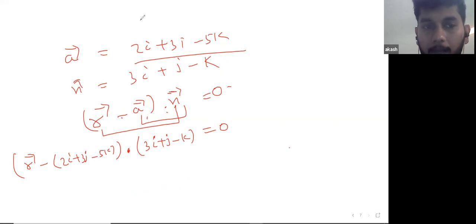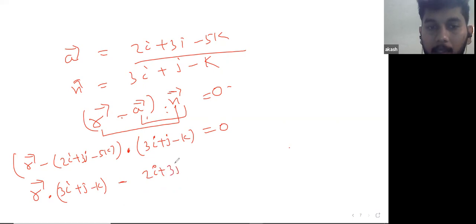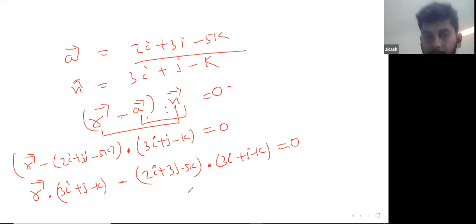So I'll have r dot 3i plus j minus k minus 2i plus 3j minus 5k dot 3i plus j minus k equals 0. All right. Is this step clear?